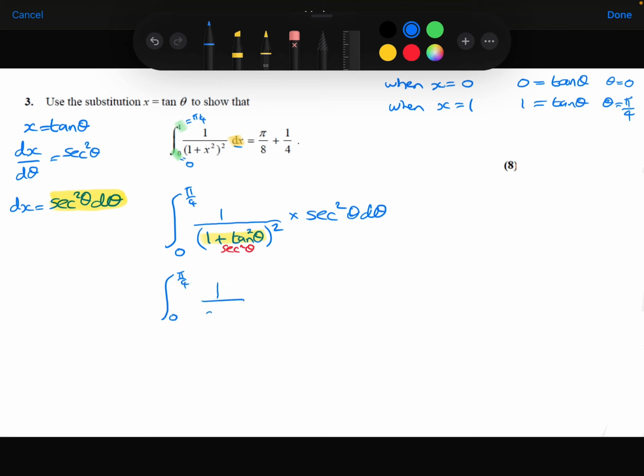So I get 1 over sec squared theta squared times sec squared theta d theta. Now I note that this sec squared on the numerator is going to cancel one of those sec squareds that I've got on the denominator to leave me with just the integral of 1 over sec squared.